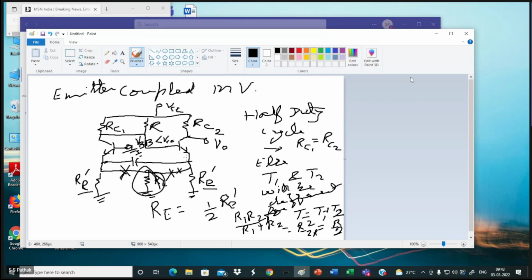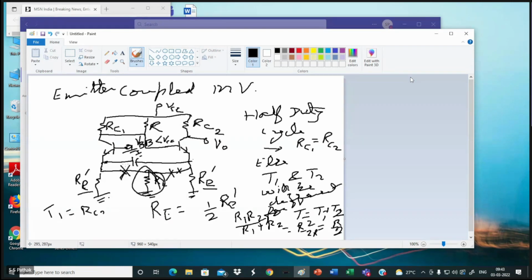As a result, this emitter voltage was decreasing. When the current was high, the capacitor is charging now. So whatever voltage came here, that appeared here. Now the capacitor is charging through this RC2 and this RE. It is charging like that with this potential. So you can say my T1 will be controlled by RC2, sorry, it will be T2.